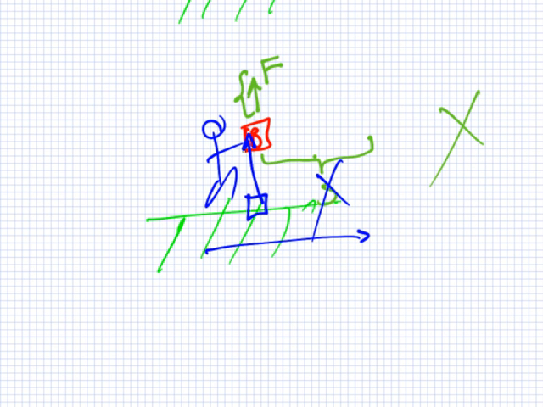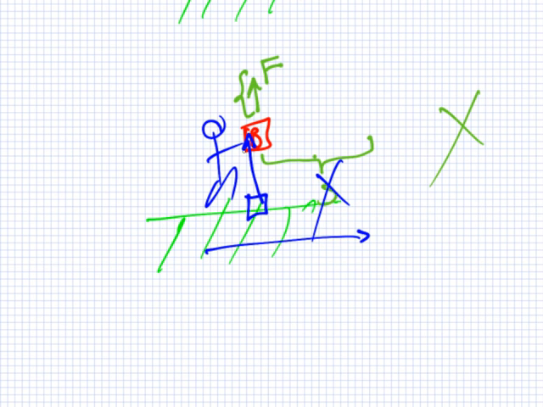He's not walking perfectly level. Each time he goes down and up a little bit as he walks, that's some work being done. Okay, are we okay with the idea here?